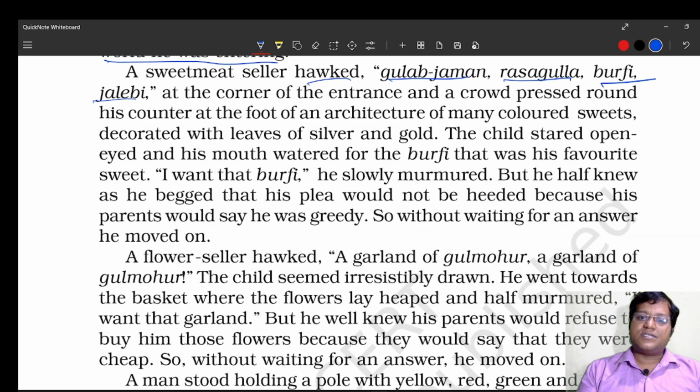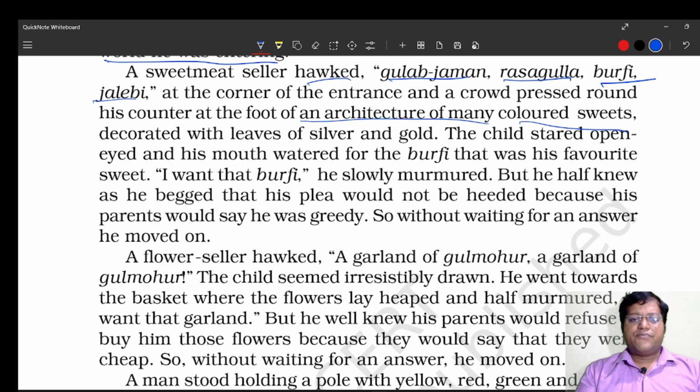At the corner of the entrance, a crowd pressed around his counter at the foot of an architecture of many colored sweets. Suddenly, the boy reached near the shop and saw lots of different colored sweets arranged and decorated. Nowadays, we see sweetmeat shops generally decorate the sweets and cover them with transparent glass, which is very attractive.